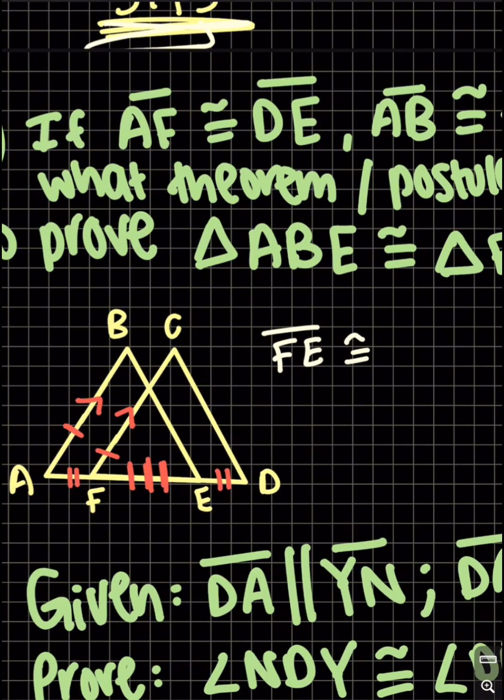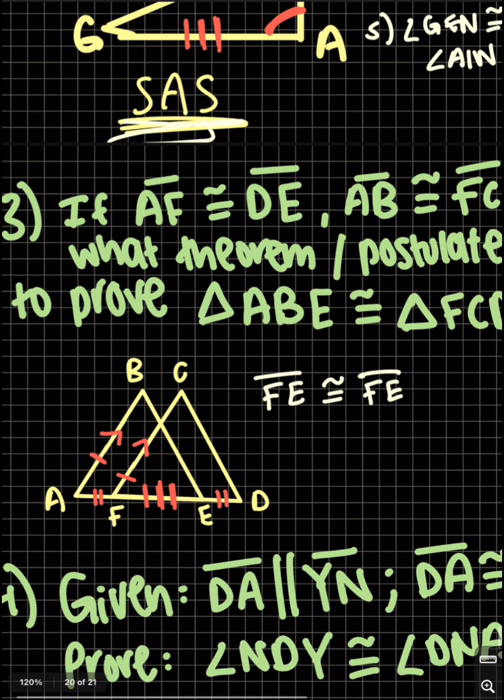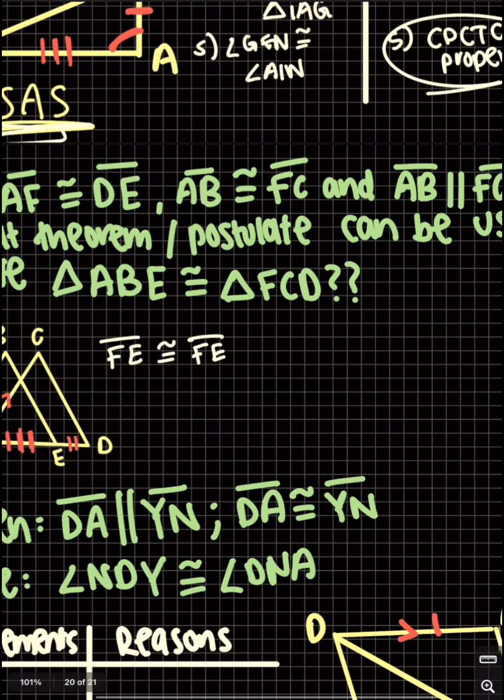is congruent to FE. That should just be a given thing. Then let's draw the triangles separately again.